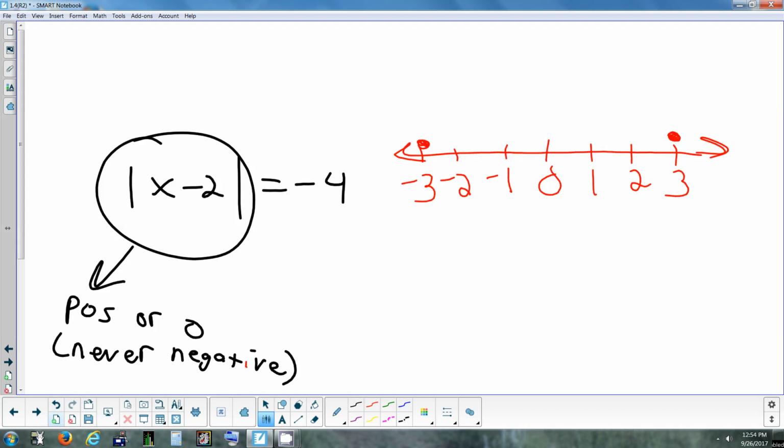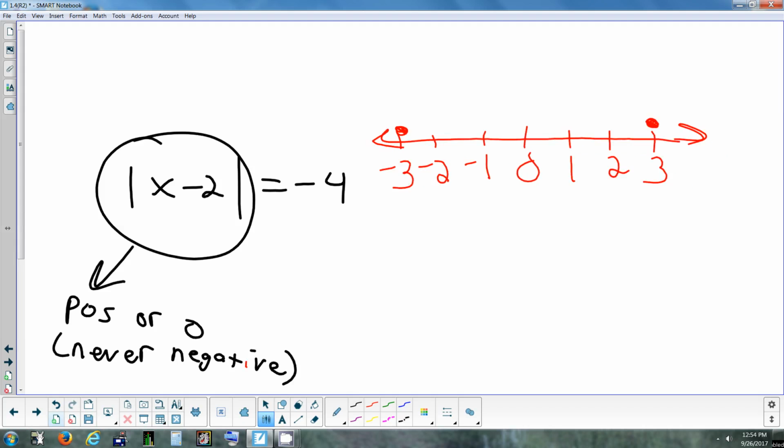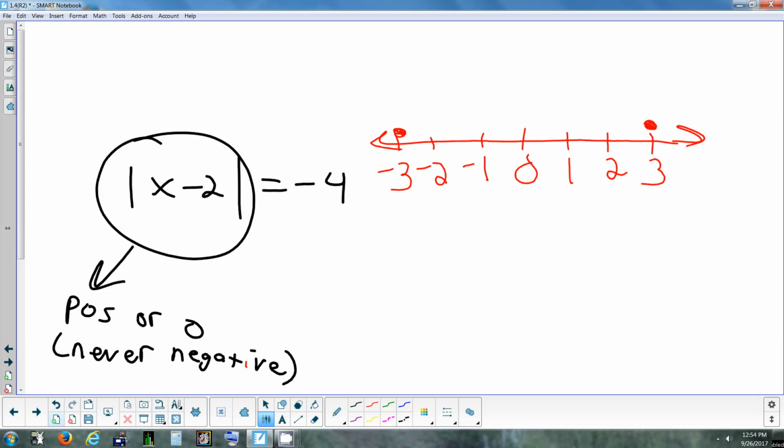If I looked at negative 3 on the number line, how many spots away from 0 am I? 1, 2, 3. It's negative, but it's still 3 spaces away from 0. Same thing here. From positive 3 to 0, 1, 2, 3. That's why with absolute values, we can never measure distance as negative.